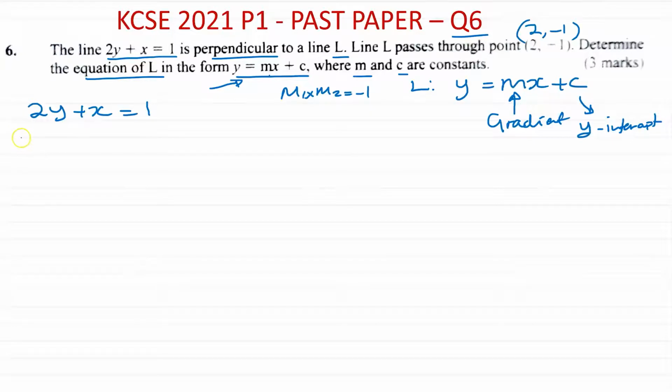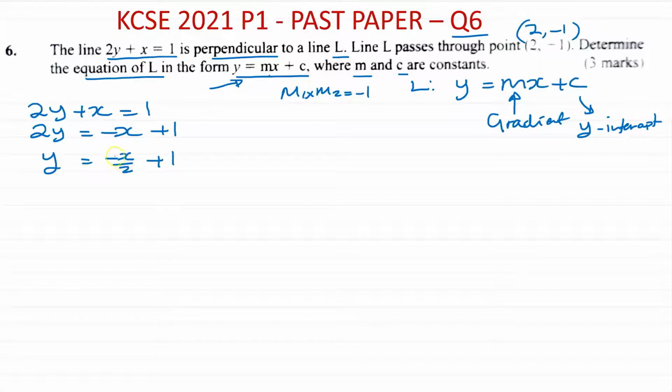So let's make y the subject. We're going to rearrange this. We're going to write 2y is equal to -x plus 1, and now we're going to divide by 2 throughout. We're going to get y equals -x over 2 plus 1 over 2.